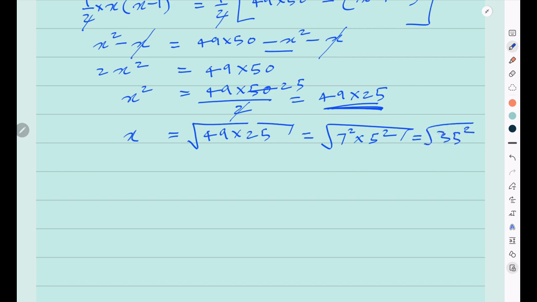By the law of exponents, this gives us 35.